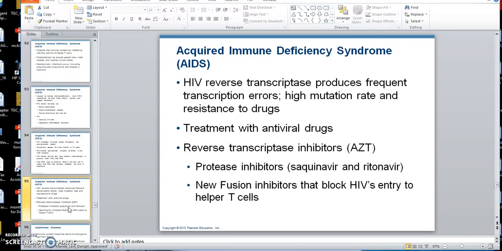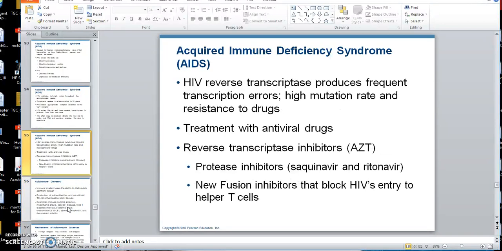so that's AIDS there. Since AIDS cannot be cured, remember a chain is only as strong as its weakest link, and if you read my AIDS PowerPoint, you'll see you have to hit it with several therapies at the same time. You're trying to attack all the weak links.